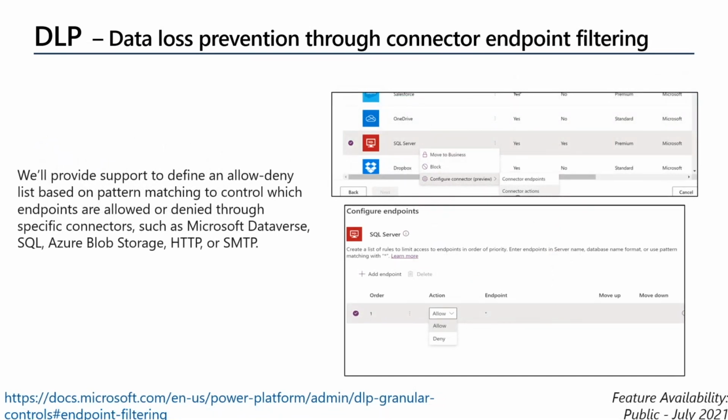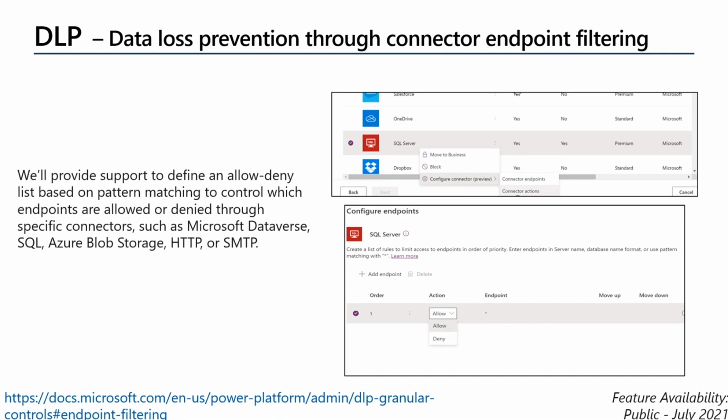Here on the endpoint filtering, endpoint filtering allows administrators to govern at a fine grain which specific endpoints will be allowed or blocked in the environment, at the environment level or at tenant level. Have in mind that when we specify anything at tenant level, we are applying that to all the environments inside the tenant.